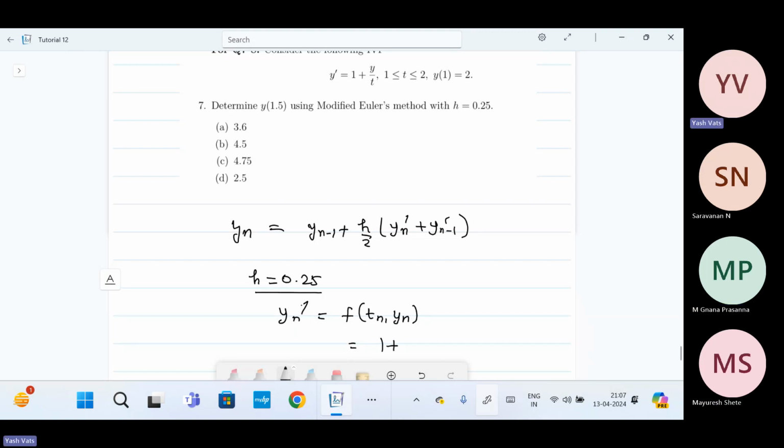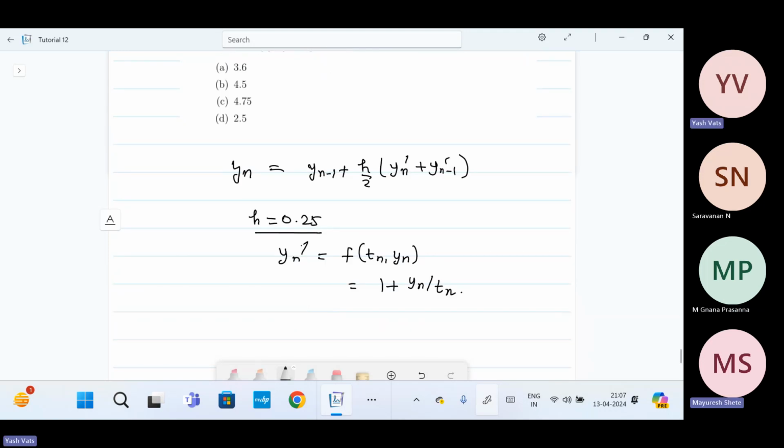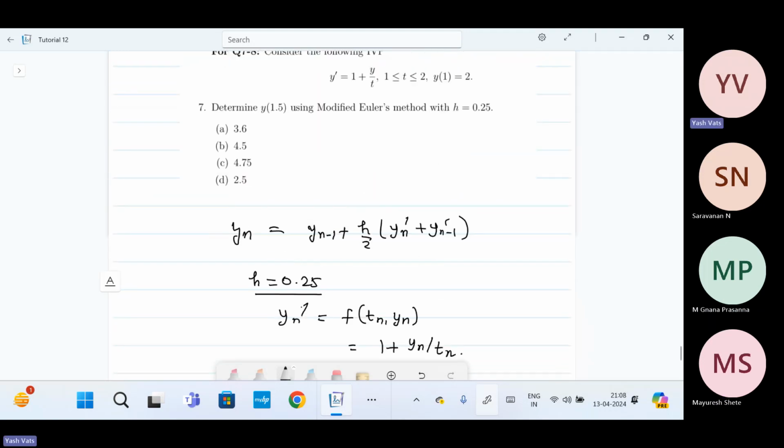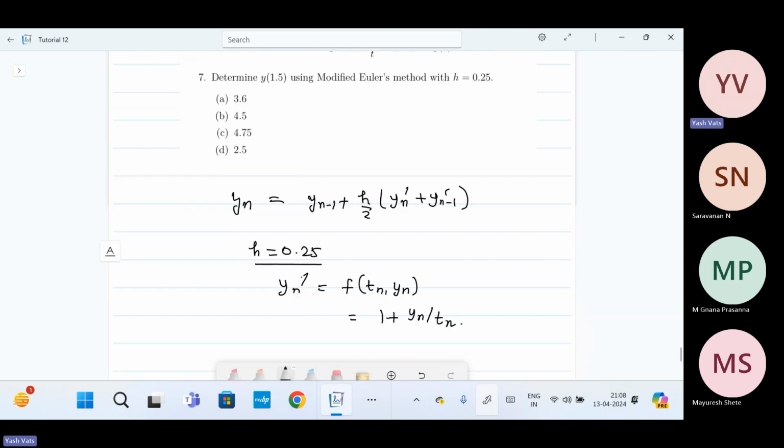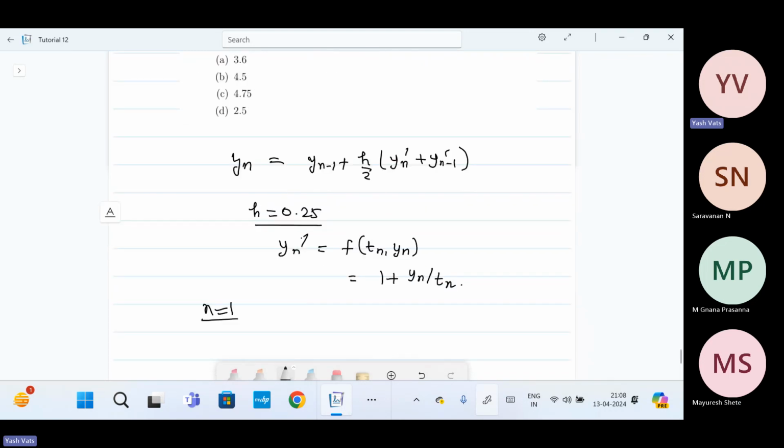Which is 1 plus yn by tn. We need to find this for n equal to 1 first. So y1 prime is 1 plus y1 by t1, and t1 is 1.25, so 1 plus y1 by 1.25.